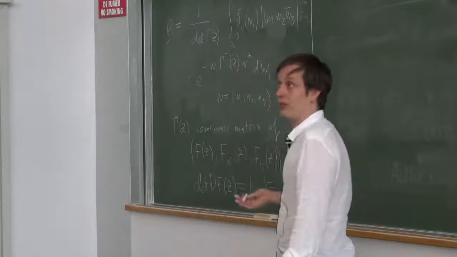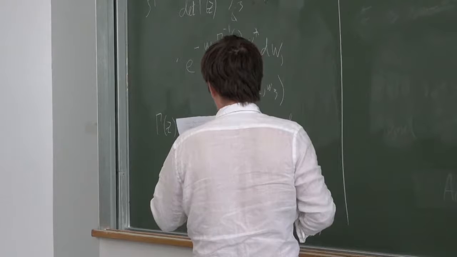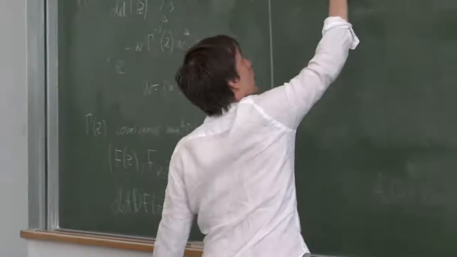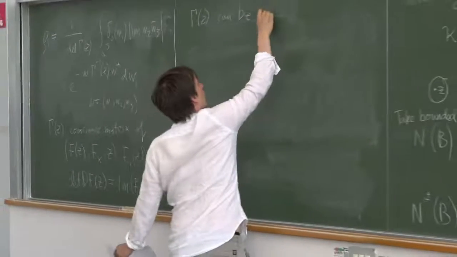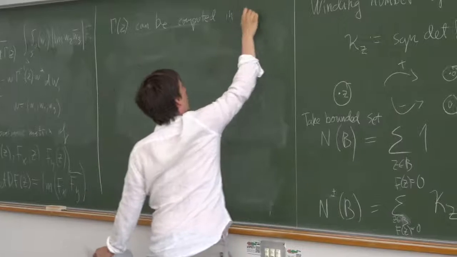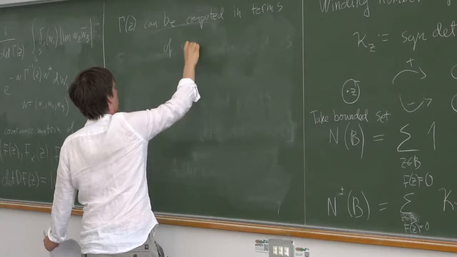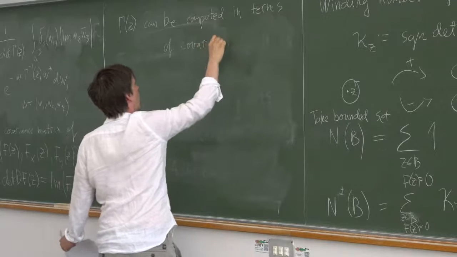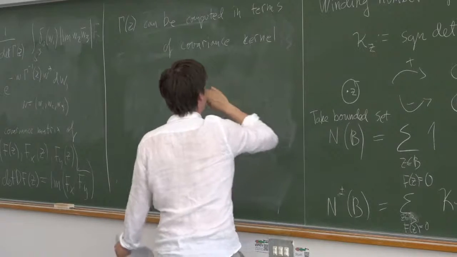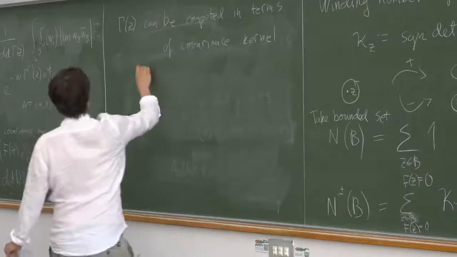Then it's a matter of evaluating this. So the gamma z can be computed in terms of the covariance kernel of f.